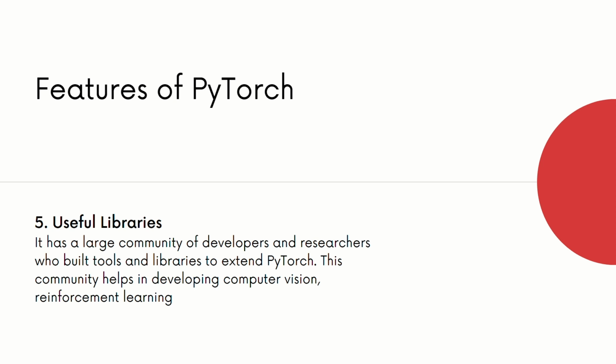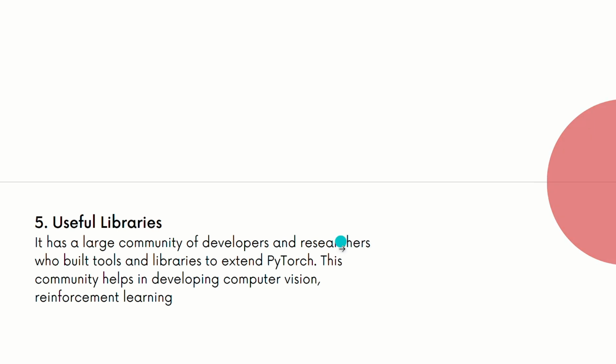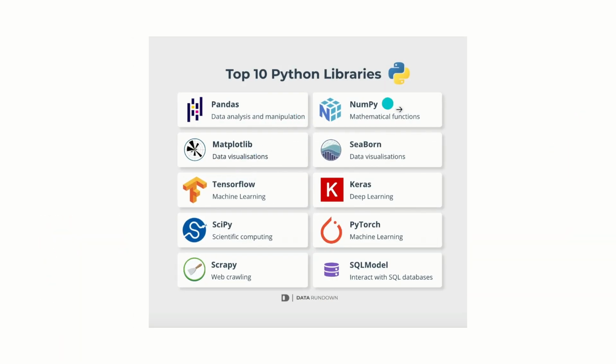So when you're using PyTorch, you have additional features from the other libraries being built by developers and researchers. That just adds functionality to PyTorch, and you can do various other things. The top 10 Python libraries are Pandas, NumPy, Matplotlib, Seaborn, TensorFlow, Keras, SciPy, PyTorch, SQLModel, and Scrapy.